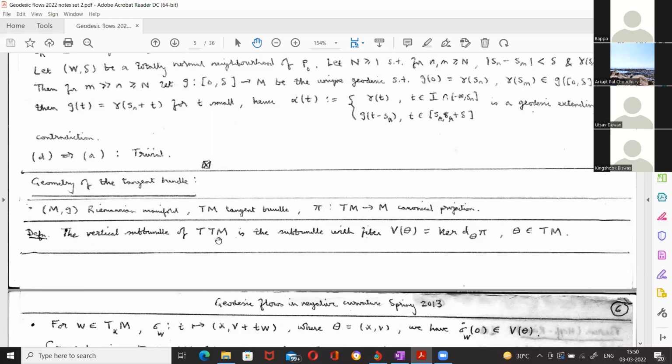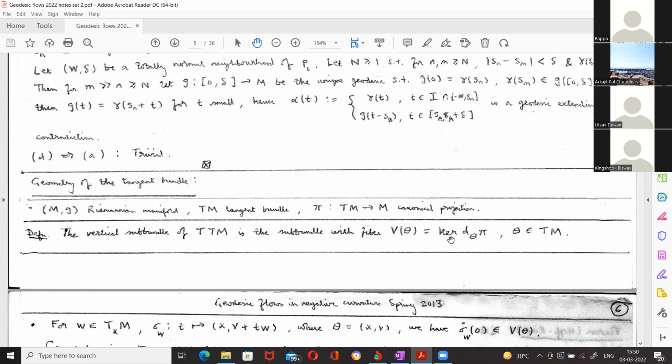Remember, TTM is a vector bundle over TM. The fibers are the tangent spaces T theta TM. In each fiber, I look at the kernel of d pi theta. I've written it as d theta pi, but it should be d pi theta.